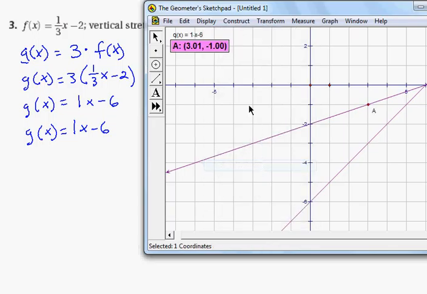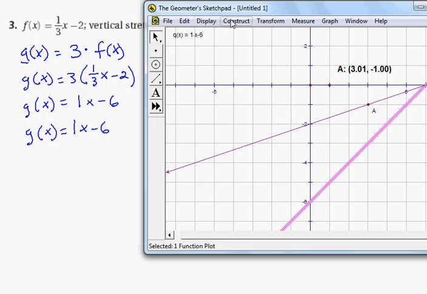Boom. So here we are. Point A is at 3, -1. Pretty close, 3, -1.